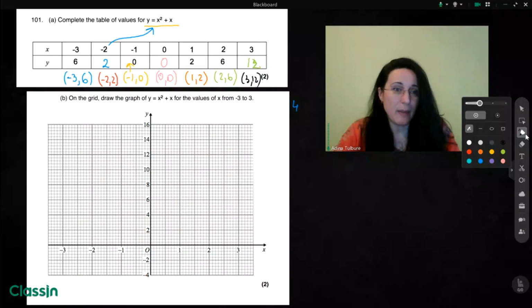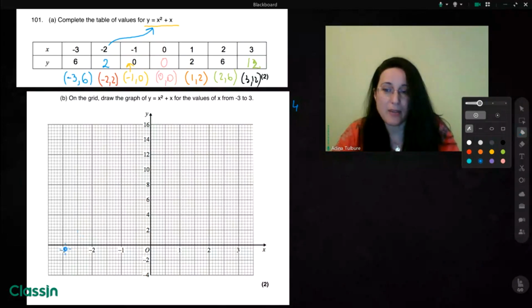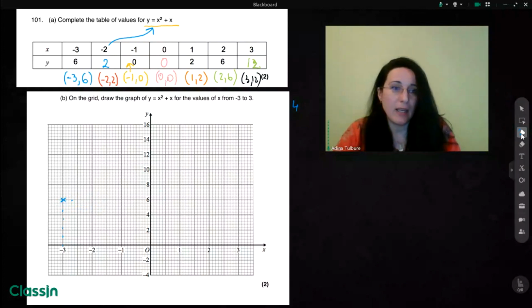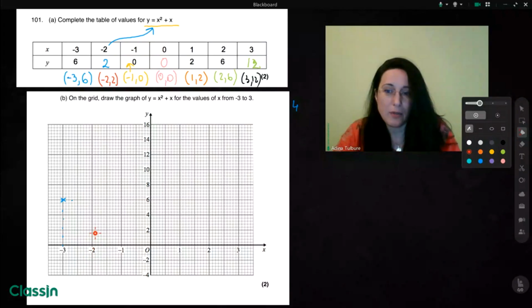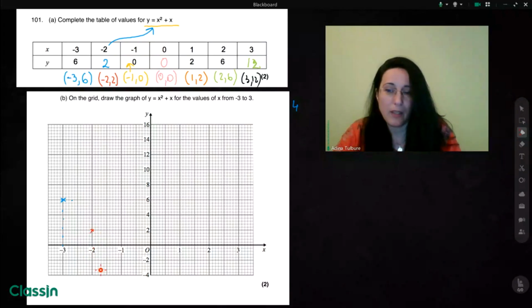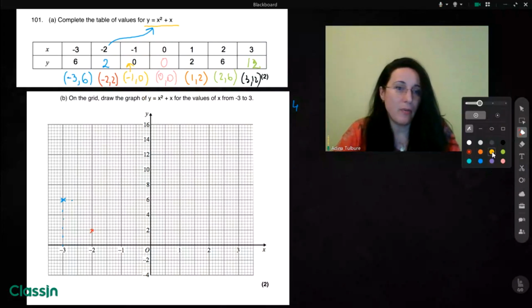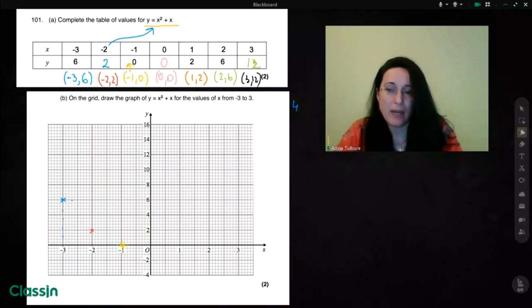So let's start by plotting the first one, which is minus 3, 6. So negative 3 all the way to 6 here, right? So this is my first point. And then negative 2, 2. It will be here. And then negative 1, 0, or minus 1, 0.